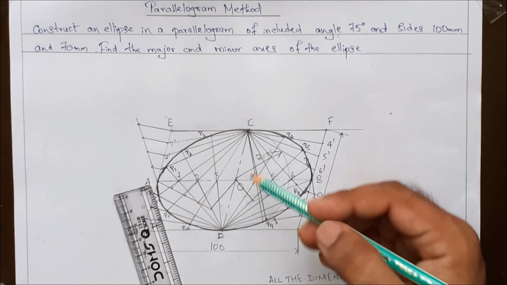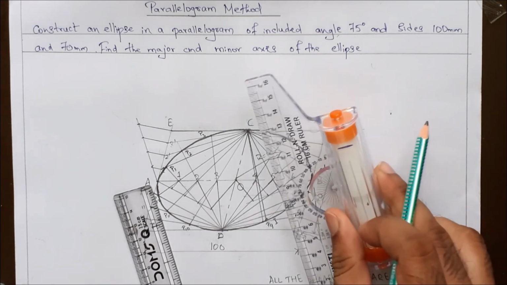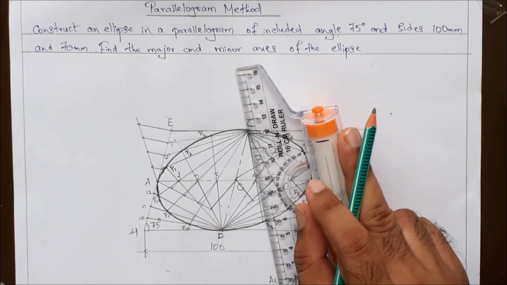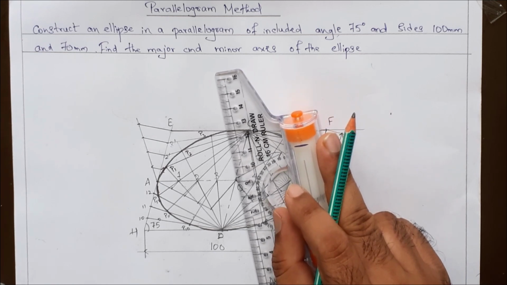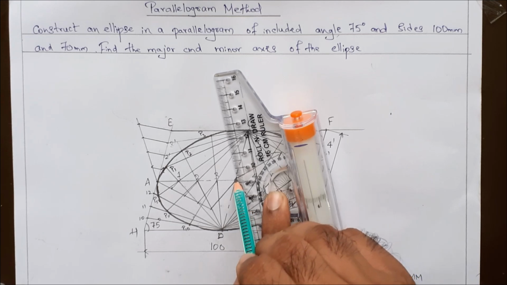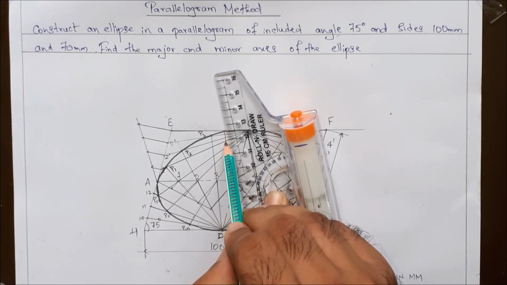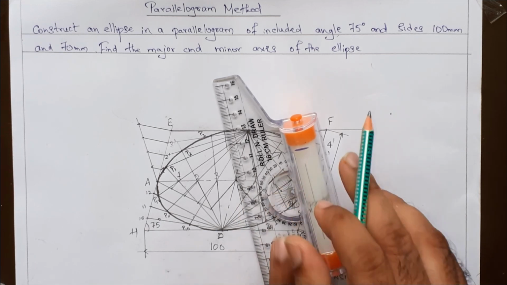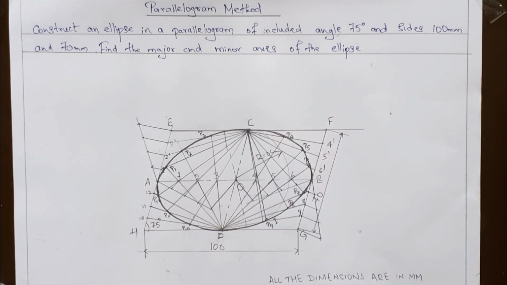Now after drawing this line, take your drafter or roller scale and draw a line parallel to that line which is passing through the center, like this. So let us name these points as M and N.